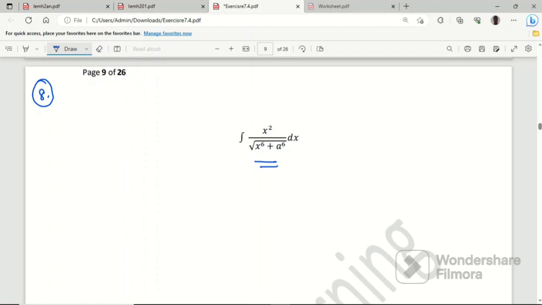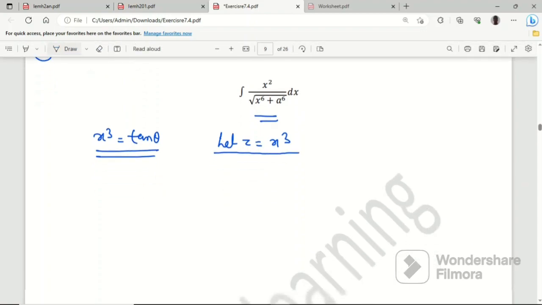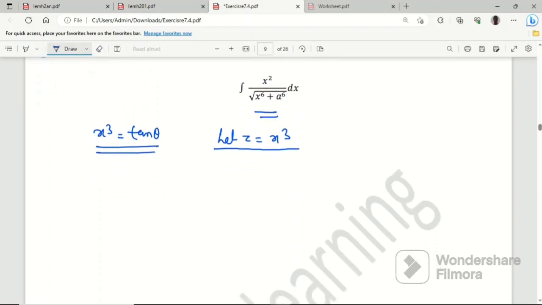Same way, we will take x cube as tan theta, as I had taken in the first number, or what we can do, we can substitute let z equal to x cube. So right now I am moving with z equal to x cube. So z equal to x cube will give me the differentiation of z with respect to x, it will give me 3x square into dx.